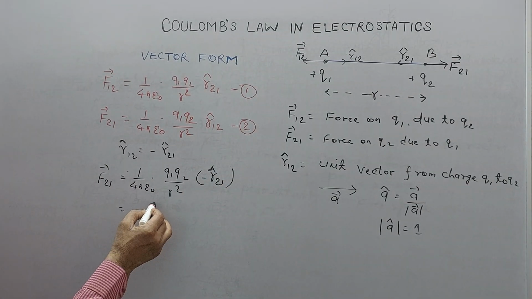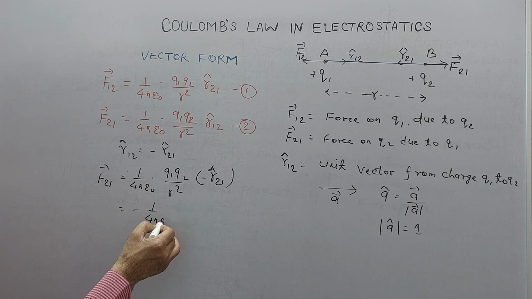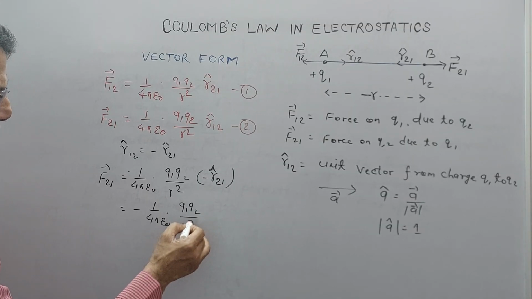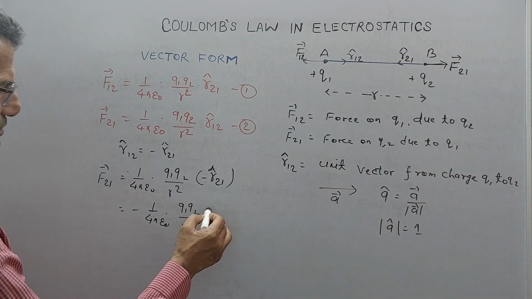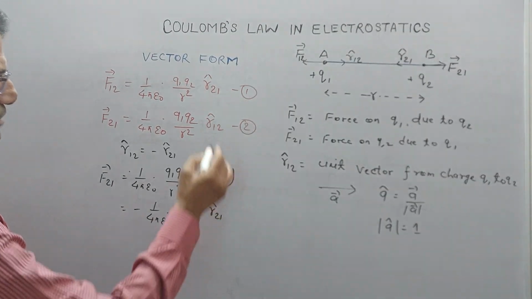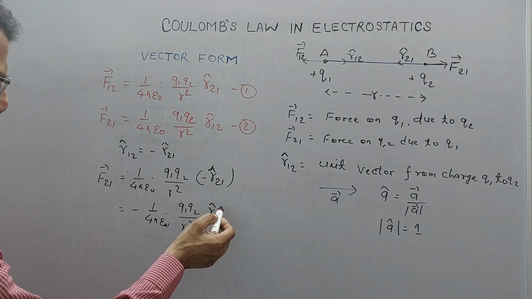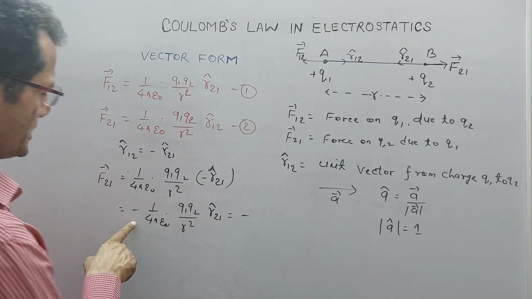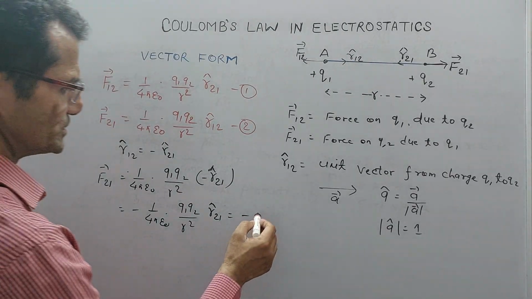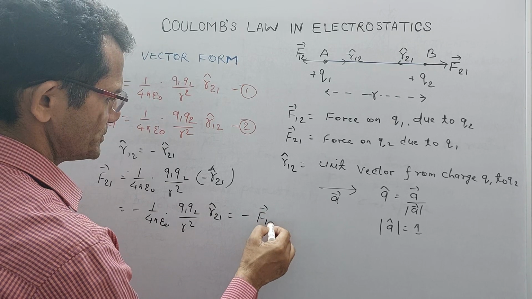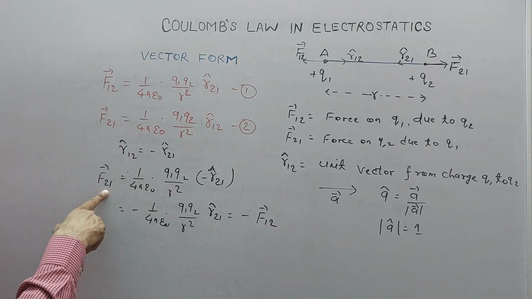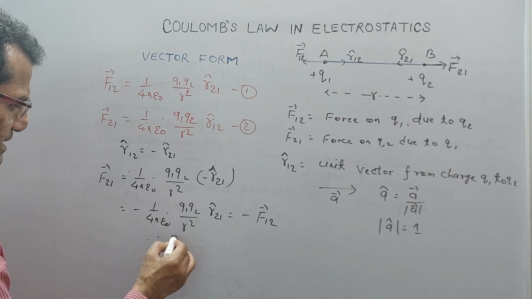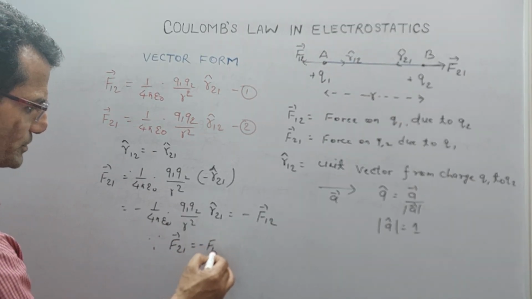So minus 1 upon 4 pi epsilon naught q1 q2 divided by r square r21 cap. From equation number one, this value is equal to vector F12. Therefore vector F21 is equal to minus vector F12.